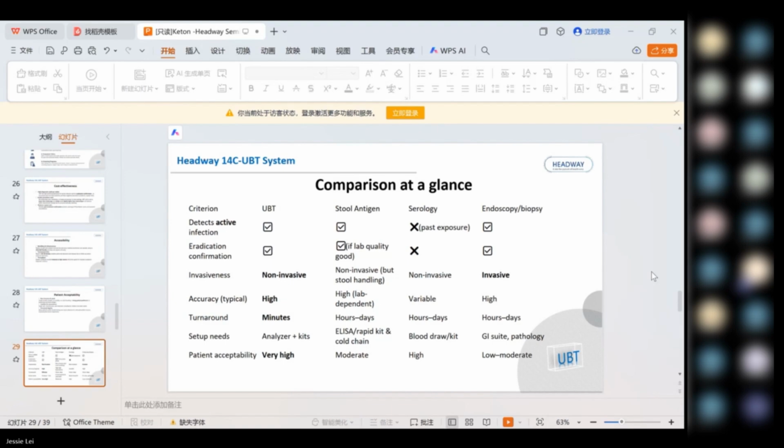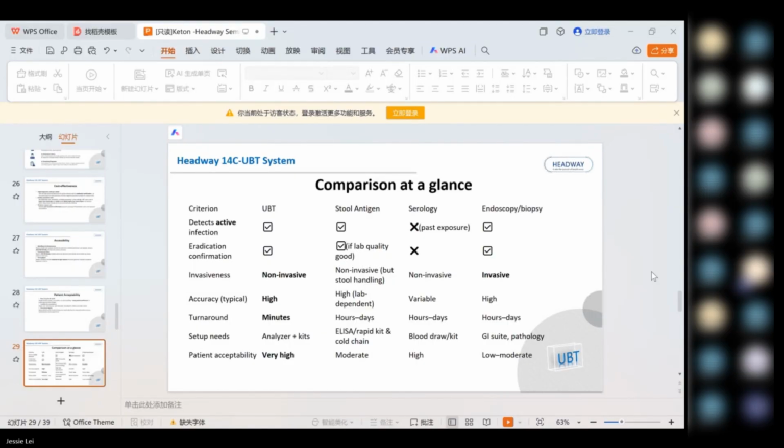And for the stool test, the collection of the stool is distasteful, and the storage of the stool requires a temperature between 2 to 8 degrees centigrade.